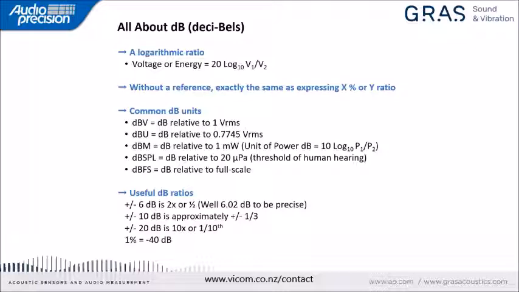So, common decibel units in the world of audio: dBV, which is dB relative to 1 volt RMS; dBu, which is relative to 0.7745 volts RMS; and dBm. dBm is a little bit special. dBm is actually a unit of power, so this is dB relative to 1 milliwatt.